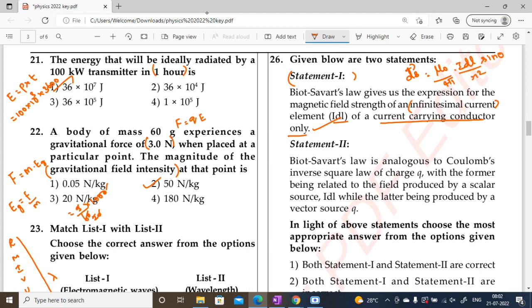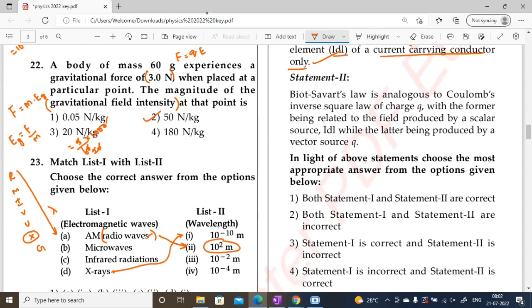And when I check this, you can see there is an infinitely small current element, and by this we get the magnetic field at a point, given by the Biot-Savart law. Next, Biot-Savart law is analogous to Coulomb's inverse square law of a charge q, with the former being related to the field produced by a scalar source I dl, while the latter is produced by a vector source q.